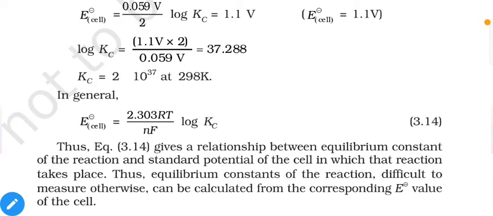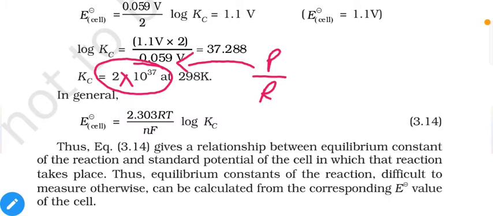Now why does it feel difficult? A simple example is, here the concentration of product upon reactant ratio is 2 into 10 raised to 37. That means the concentration of product upon reactant at equilibrium has such a high value, which represents that the value of product will be extremely high and the value of reactant will be extremely low, so low that you cannot even measure it.